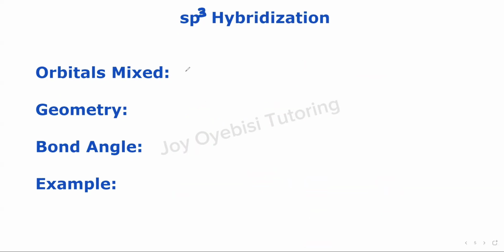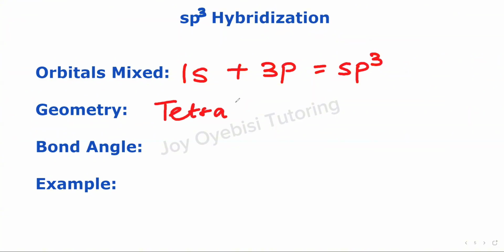The orbitals mixed are one s orbital plus 3 p orbitals, and that will give us the sp3 hybridization. Molecules with sp3 hybridization will have a geometry known as tetrahedral. Okay, tetrahedral. And the bond angle for tetrahedral is 109.5 degrees.